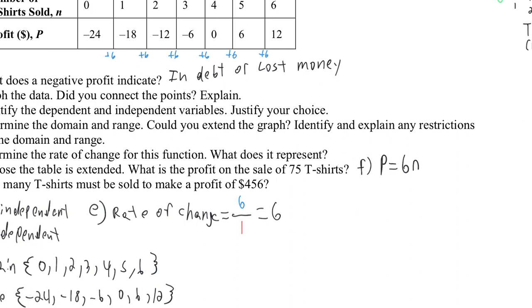And when we had 0 t-shirts sold, we had -$24. So that's the equation we want to use in order to solve.